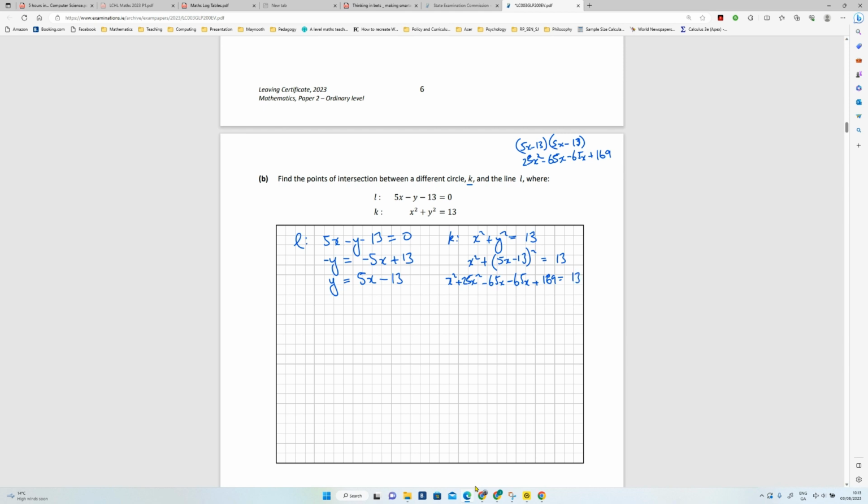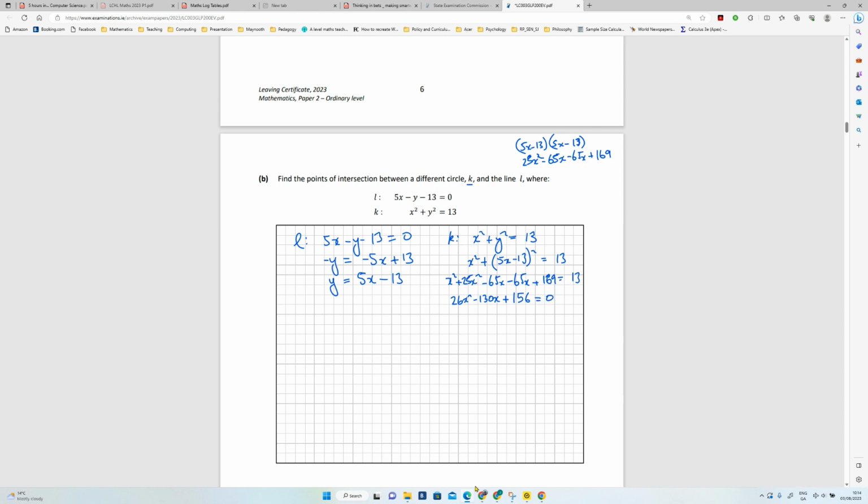So simplify that a little bit. That's going to be 26x squared minus 130x. Now let's put these two together. That's going to be a minus when I bring it over, so that's going to be plus 156 equals 0.